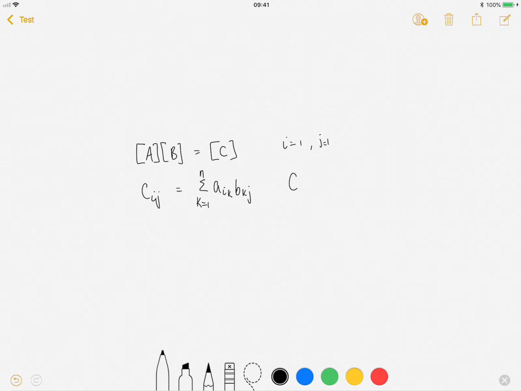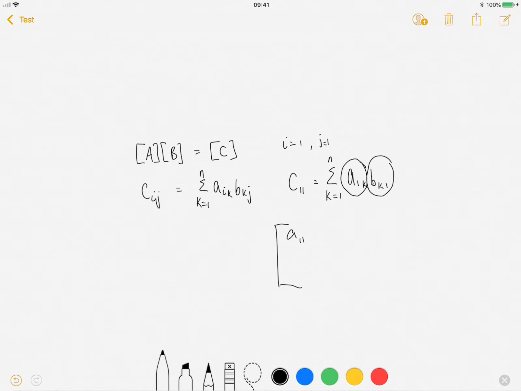So C of 1,1 equals the sum, k equals 1 to n, we have n terms in our matrices, of A1k multiplied by Bk1. So in other words, can you see that we are taking the row of A and multiplying it by the column of B?